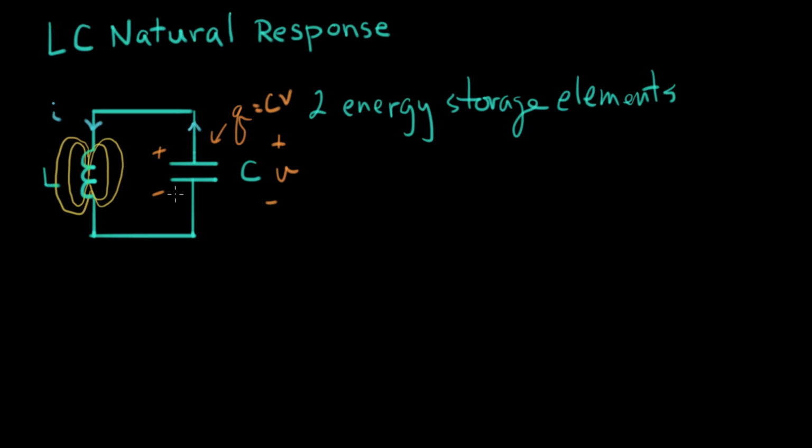So our challenge when we want to know what the natural response of this is: we put in some energy, and in this case we'll put in some Q on the capacitor, and we'll let I start at 0. And then we step back and we watch what this circuit does. And what that means is we figure out what the voltage is as a function of time and the current as a function of time. And both of those things together is the natural response of an LC circuit.